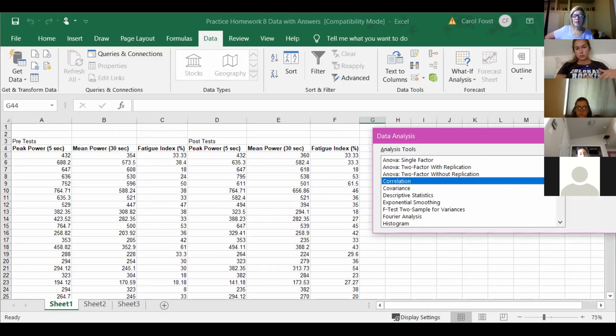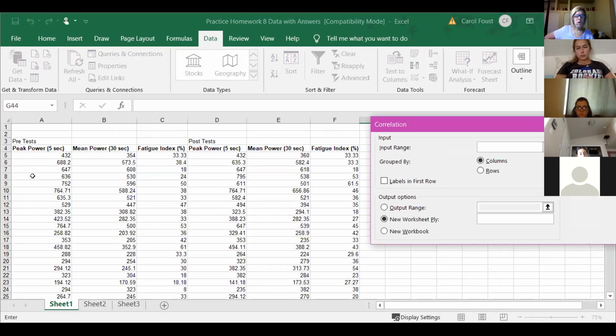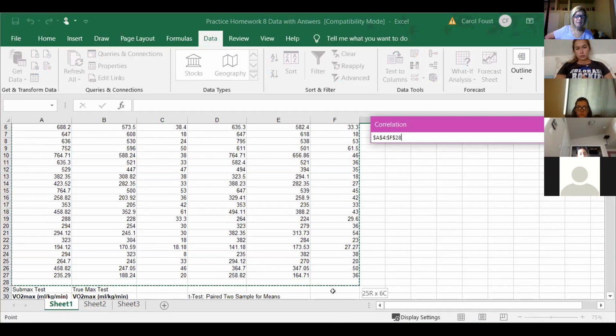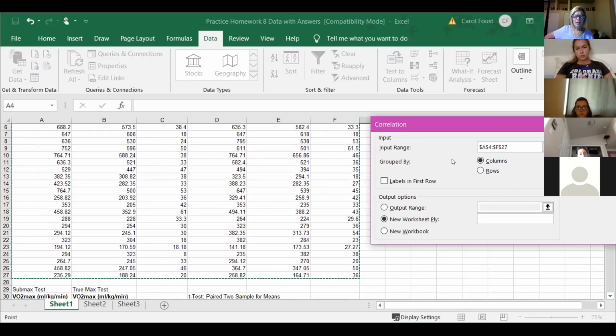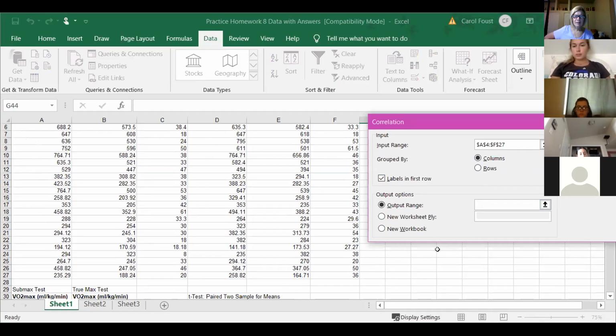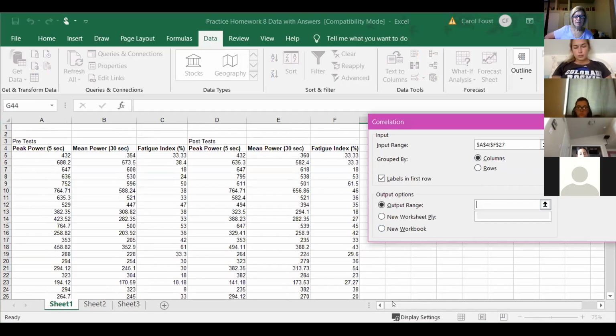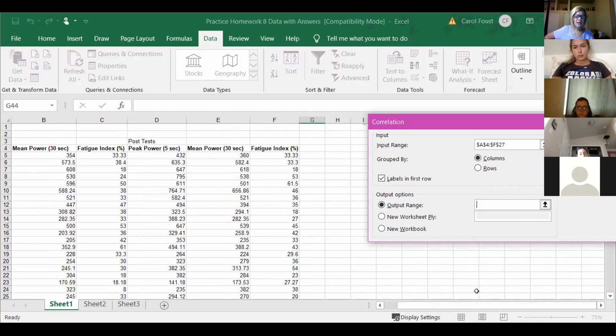So I'm going to do a correlation, and I'm going to pull the whole data set. It's in columns. I've got my labels in the first row. And I'm going to put this in H1.